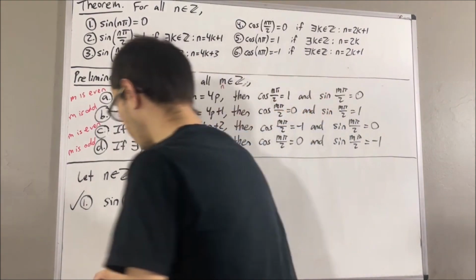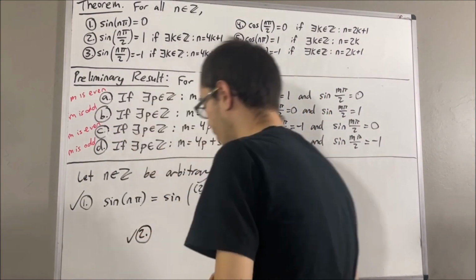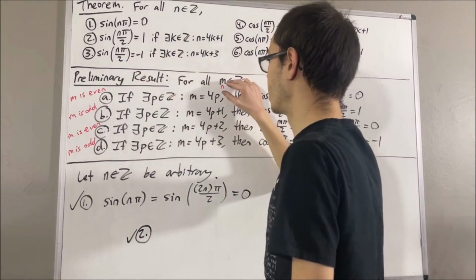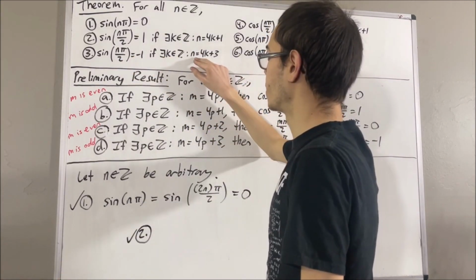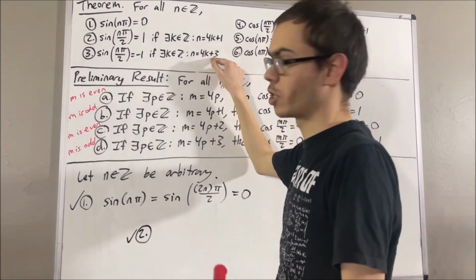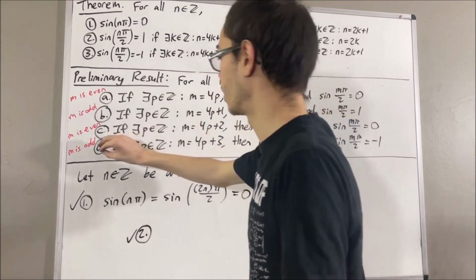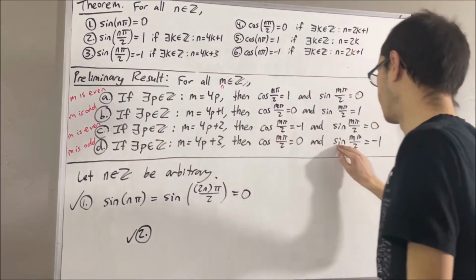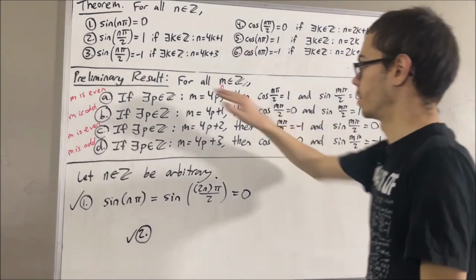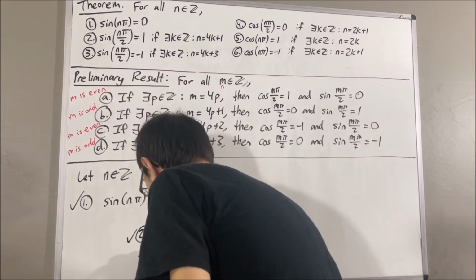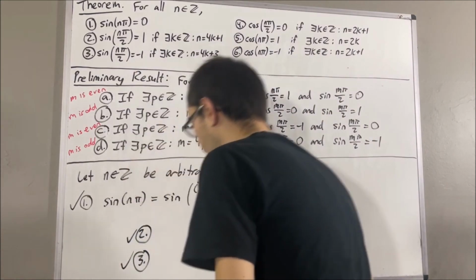So yeah, result number 2 is immediate. Result 3 is also immediate. So in case 3, we'll take m to be n. Since n is of the form 4k plus 3, that's the same thing as saying n is of the form 4p plus 3. So n is going to fall under case D. And we see that sine of n pi over 2 is equal to negative 1, which is exactly what we want. So yeah, result number 3 is immediate as well.